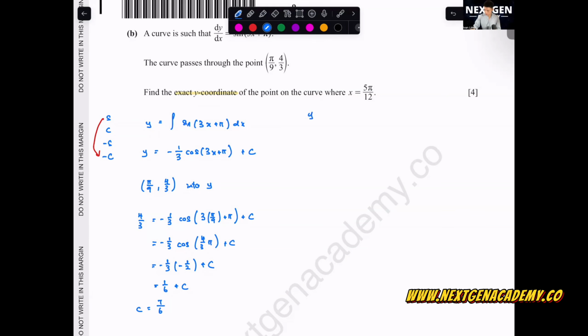Okay, so the equation of the curve is y equals negative 1 over 3 cos(3x plus pi) plus 7 over 6.